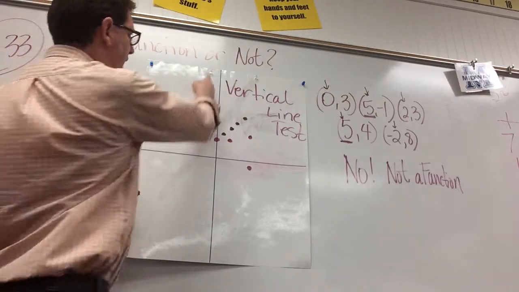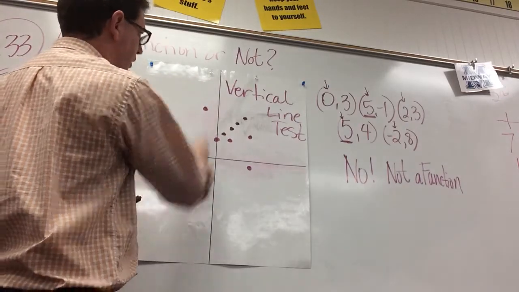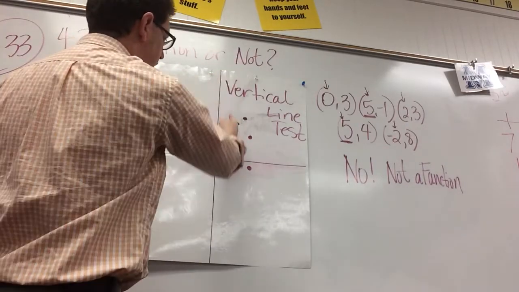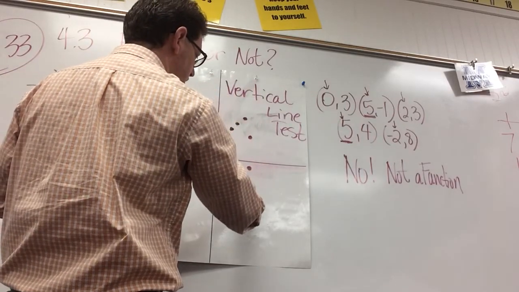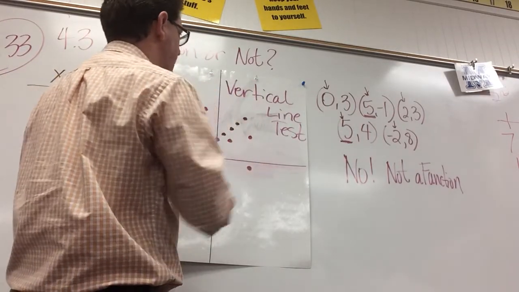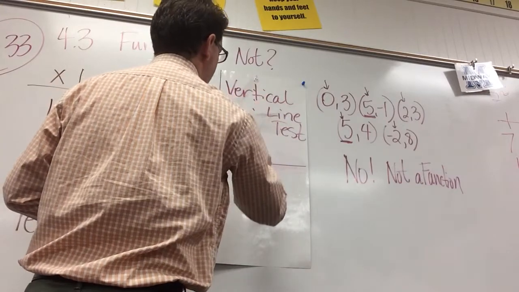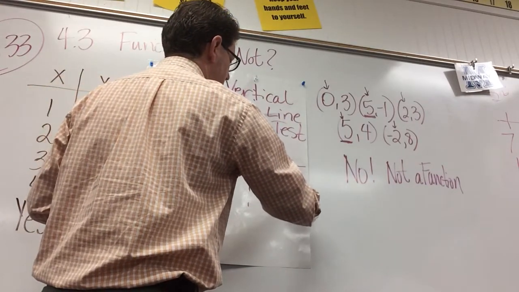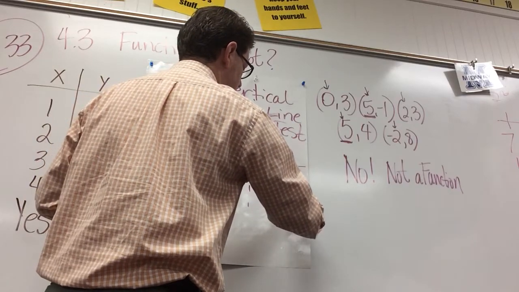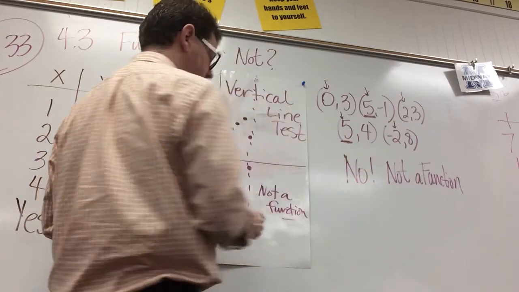So if we look, I can draw a vertical line here, 1 point, a vertical line, 1 point, a vertical line, 1 point. But if I draw a vertical line right here, I pass through 2 points. So in this case, my vertical line test tells me that it is not a function, just like we figured out over there.